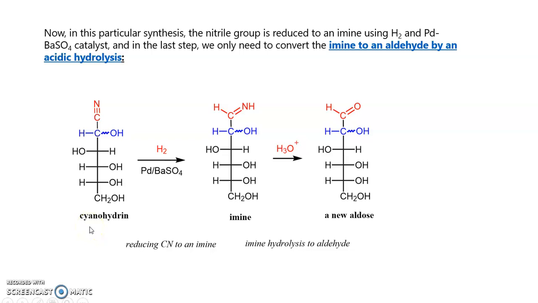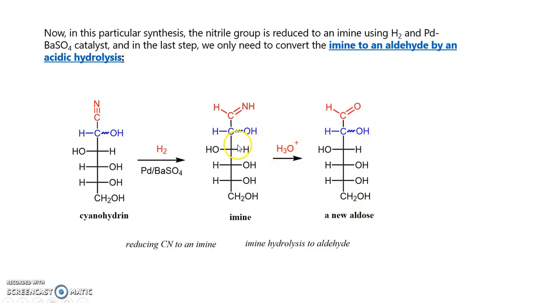The cyanide group is reduced using H2 on palladium BaSO4. The reduction is just the addition of hydrogens on the carbon and nitrogen, so there is formation of this imine, C double bond NH, and this imine is simply hydrolyzed by water to form a new aldose.